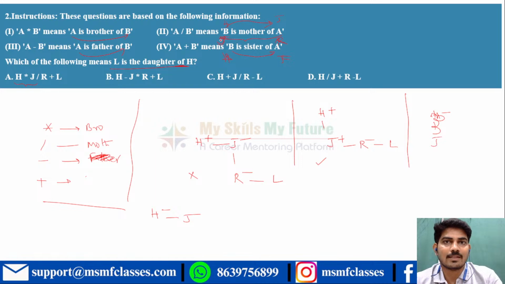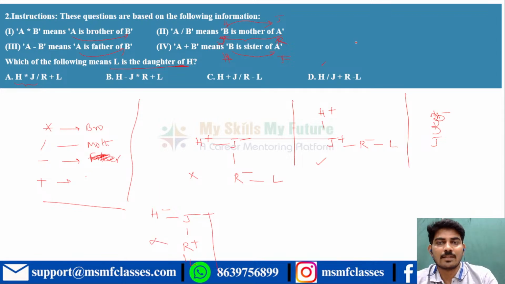J is the mother of R here. And the last one, R minus L. R is the father of L. From this also we are not getting that.